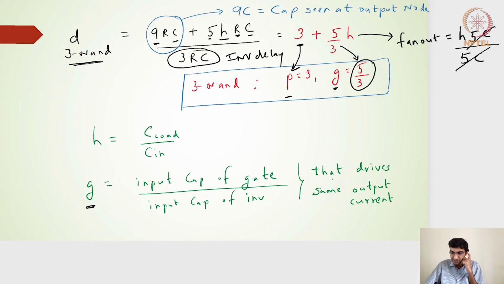Although I have put it here, the ratio should be accommodated in such a way that we get the same output current, right?